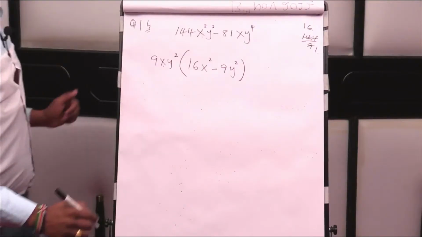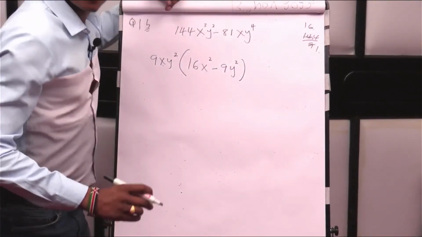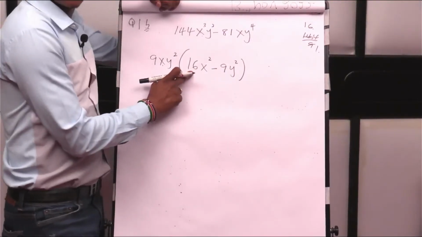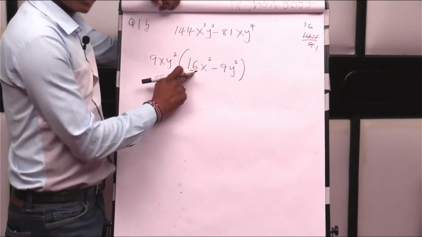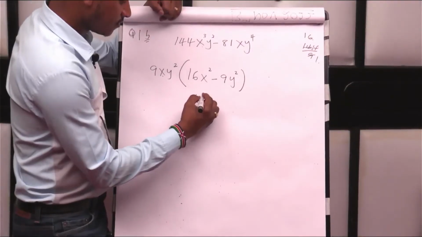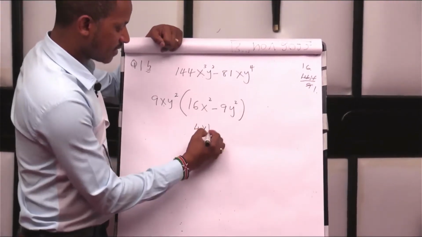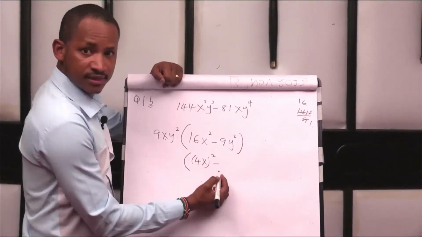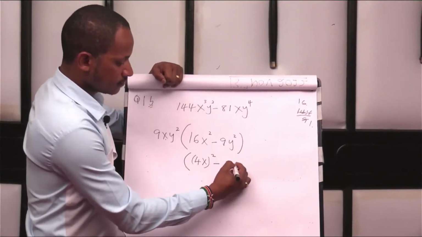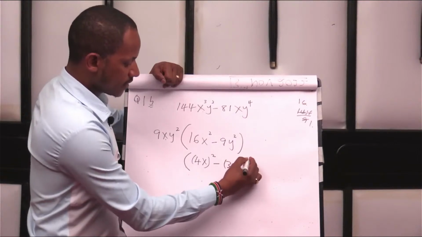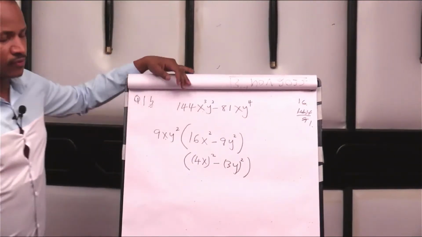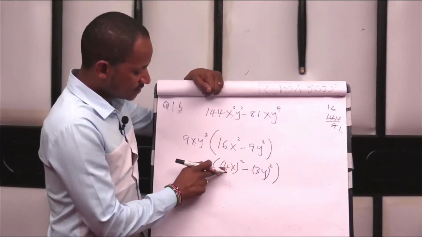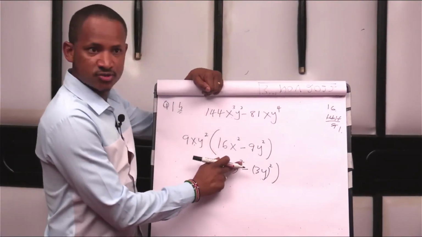So from here, you can see something very familiar in this bracket. You see 16x squared minus 9y squared. 16x squared can also be written as 4x everything squared.